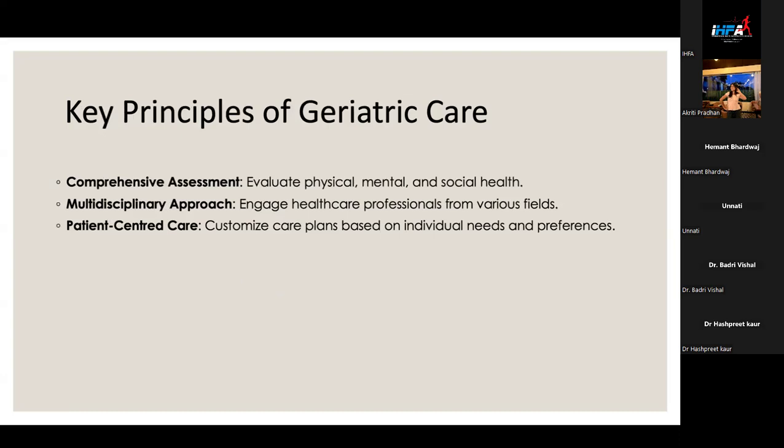Coming to the key principles of geriatric care, the first and foremost thing is comprehensive assessment. Evaluating the physical, mental, and social health of adults is very, very important so that you can give them the proper support which they actually require, not what you feel they might be needing, because the root cause of their problem might be different from what you are expecting.